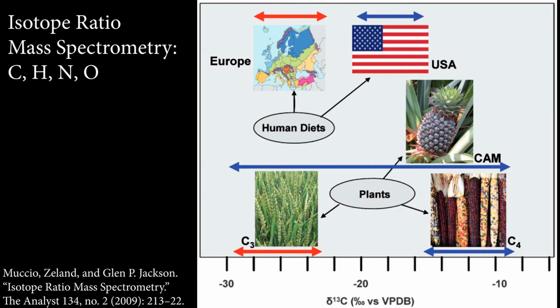So you can actually pull beard hairs is one thing they've done commonly, or pull people's hairs, and you can just look at the relative amount of carbon-12 or carbon-13 in their hair, and that hair was produced based on the food that they ate, and you can tell with reasonable certainty whether they were eating food in the US or eating food in Europe.